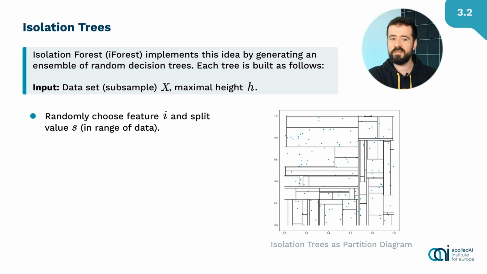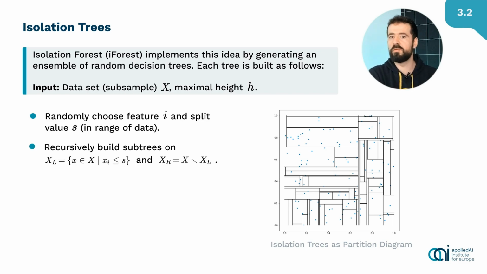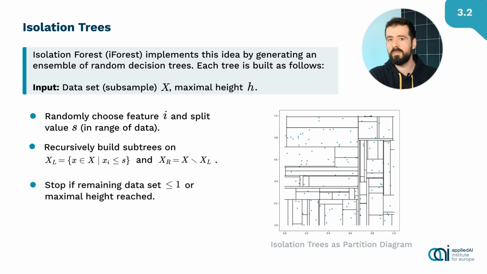Once we have our test, we can separate the dataset into two parts: the ones where the feature i is lower than our value s, and the ones where the feature i is larger than our value s. Now we can recurse on the two subsets that we computed and successively build a tree in this manner. We stop if the maximal height is reached or if we have managed to single out a single point in one of the leaves.